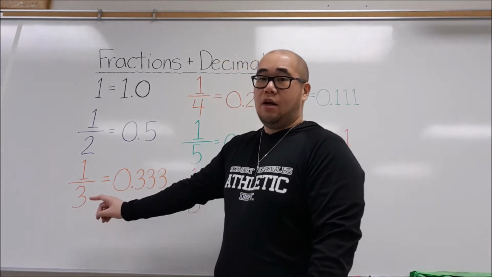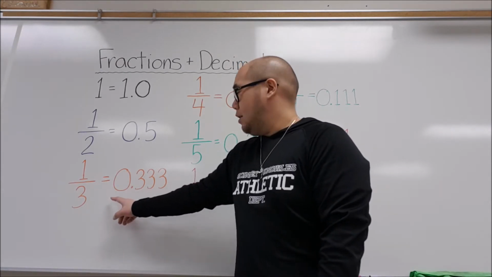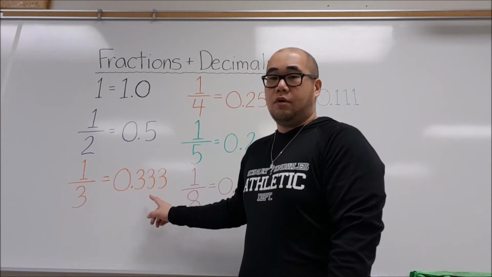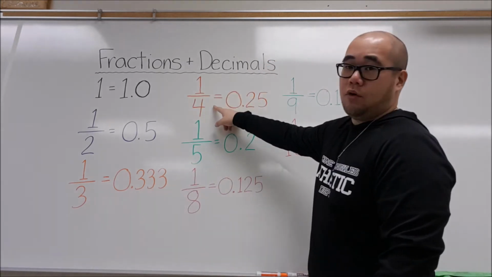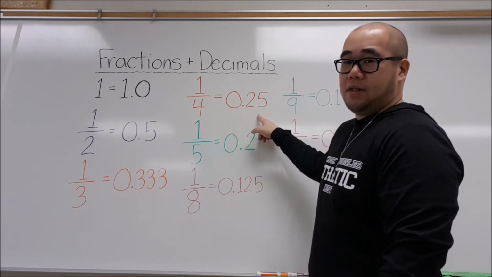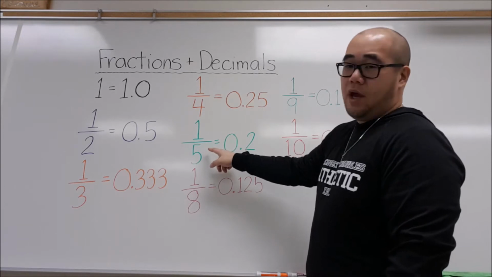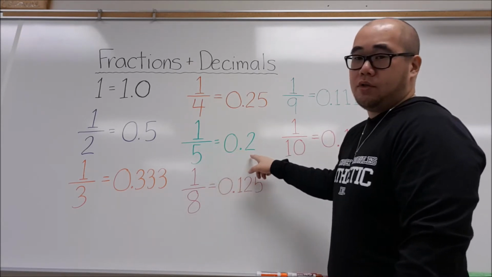And then we have down here 1/3, or 1 over 3, and that equals 0.333 as a decimal. Then over here, we have 1/4, which is equal to 0.25 as a decimal. Then we have 1/5, that converts to 0.2.